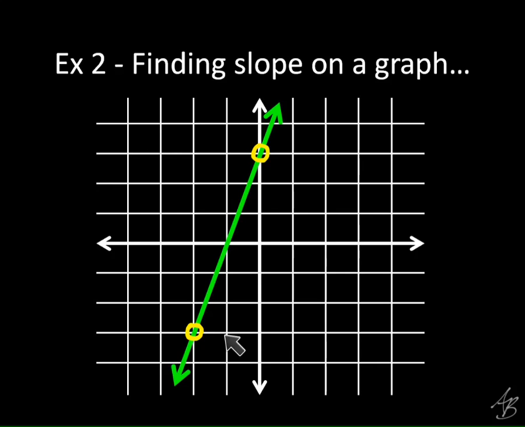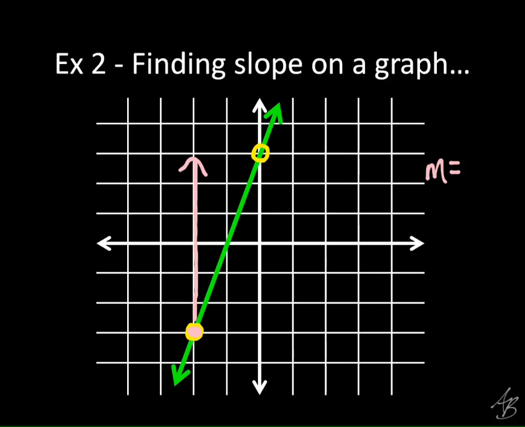Now, using the rule that I said earlier, I always want to start on the left and go to the right. Do I want to start at this one here or this one here? Yeah, the one at the bottom, because this one's further to the left, so this is where I want to start. I'm going to start by finding my rise. We always do rise first because it's rise over run. How far up do I go there? Let's see, 1, 2, 3, 4, 5, 6.